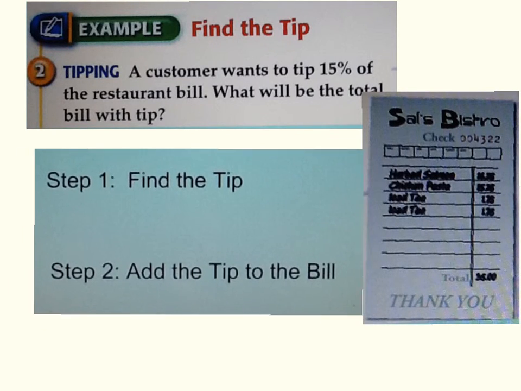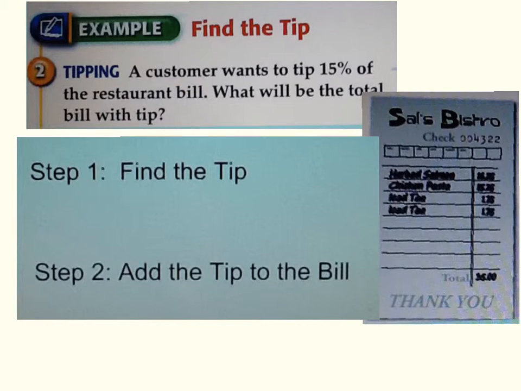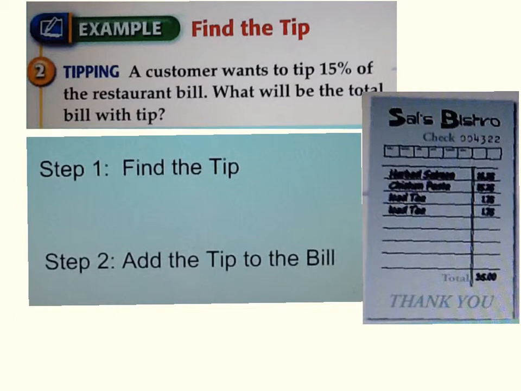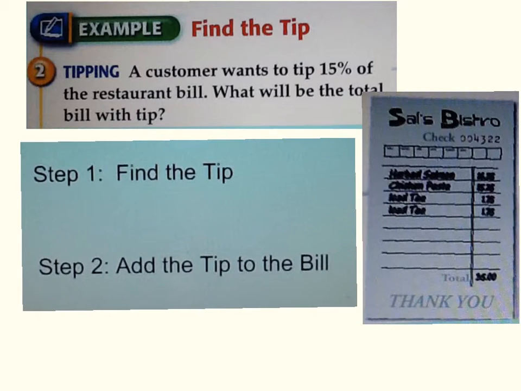This is very similar to finding sales tax, only now it's going to be tip. It's, again, something that we're going to add on to our bill. In order to find the tip, it's just like we did percent of a number. In this case, I want 15% of $35 to find my tip. 15%, we're going to turn that into a decimal. 15% as a decimal is 15 hundredths.